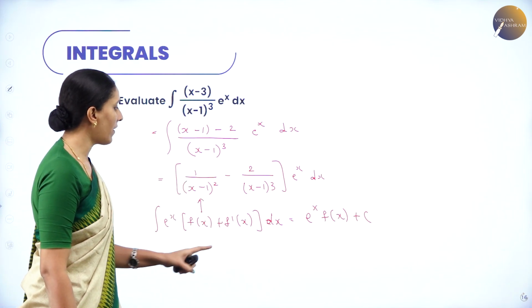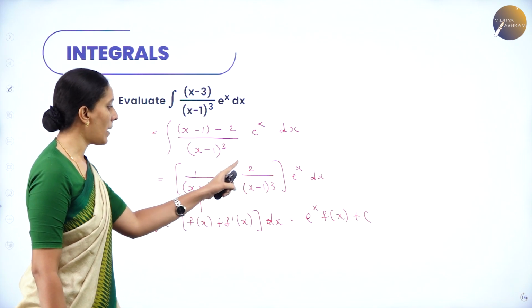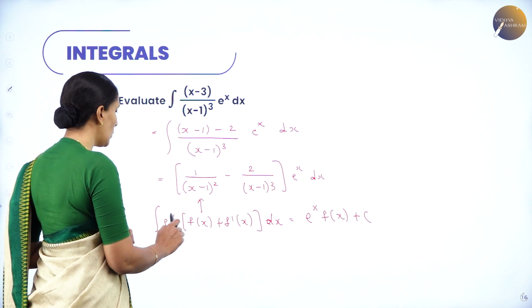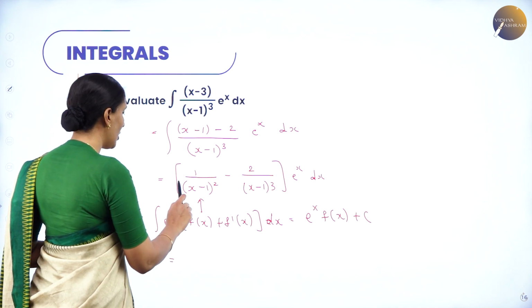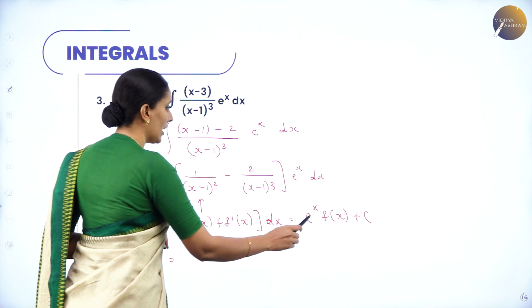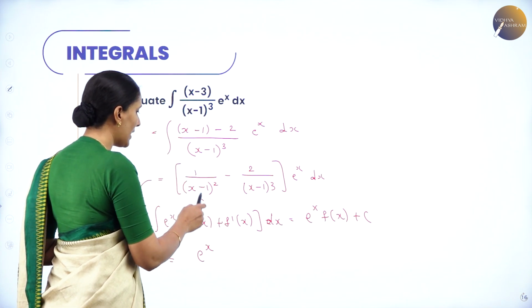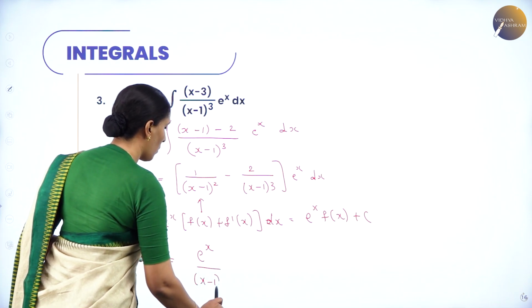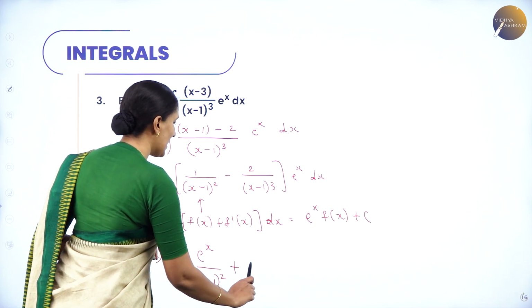If you differentiate this function, you will get minus 2 divided by (x minus 1) whole cube. So clearly using this property, the value of this integral can be written as e power x into f of x, that is 1 by (x minus 1) whole square, which becomes (x minus 1) whole square in the denominator, plus c.